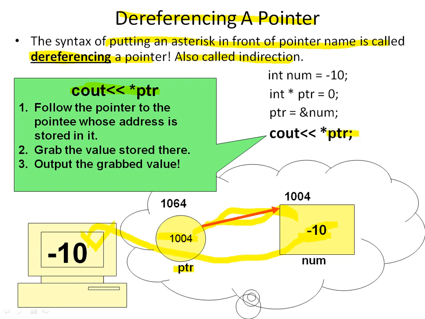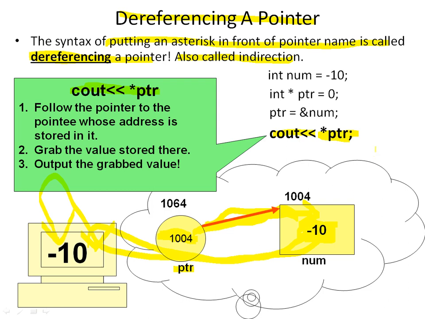This statement means follow the pointer ptr to the location whose address is stored inside ptr. So I go here, grab the value stored there, which is -10, and since I have cout here, output that value -10 onto the console. This is called following the pointer to its pointee and grabbing that value.